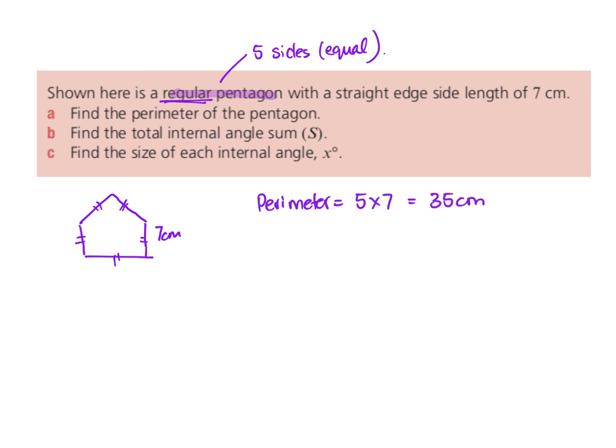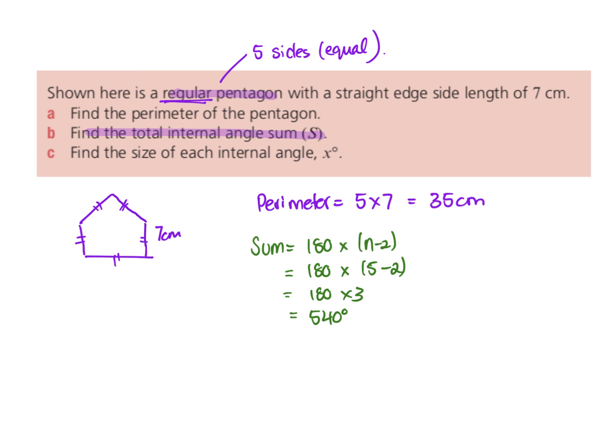Okay, it says find the total internal sum of angles. So that's using our formula. So sum equals 180 times n minus 2. In this case, it's 180 times 5 minus 2. So 180 times 3, which equals 540 degrees.